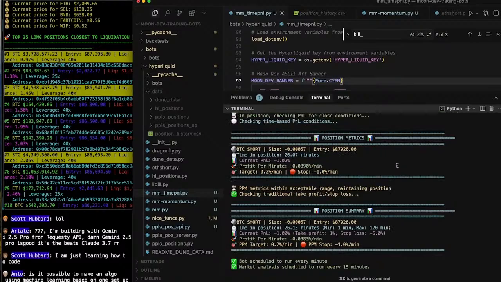Okay, so you can see here 26 minutes, 1 minute min, 120 minute max. Current P&L is negative 1%. Take profit 1%. Stop loss negative 6%. Profit per minute is negative 0.03. The profit per minute target is 0.2%. Nice.